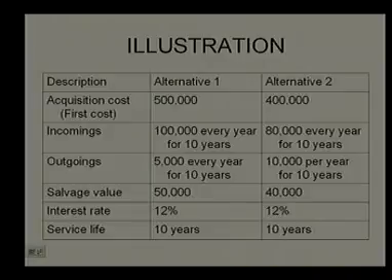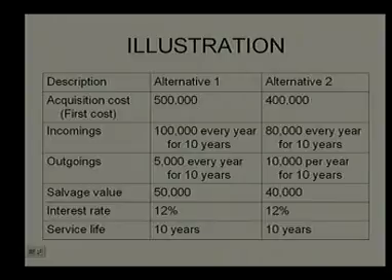It says acquisition cost is 500,000, incomings 100,000 for the next 10 years, outgoings 5,000 every year for the next 10 years, salvage value 50,000, interest rate 12%, service life 10 years. So, this set of data is already with you. Only thing I am telling you now is, this relates to alternative A1, let us assume. And now I have another alternative with me.